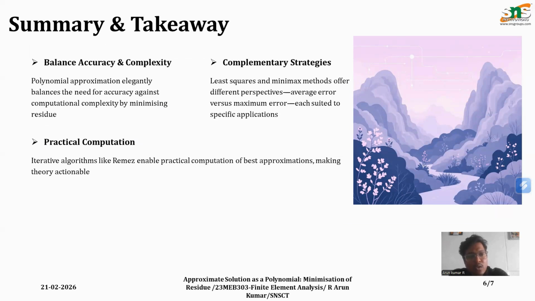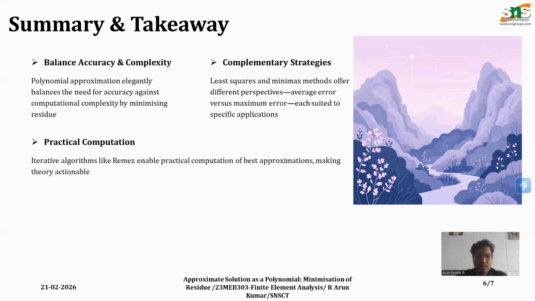Then the summary of the takeaways. We want to understand the approximate solutions of the residue. First, balancing accuracy and complexity: while analyzing polynomial approximation, we balance the need for accuracy against the computational complexity by minimizing the residue. Second, complementary strategies: the least square and minimax methods offer different perspectives, average error versus maximum error, each suited to specific applications.